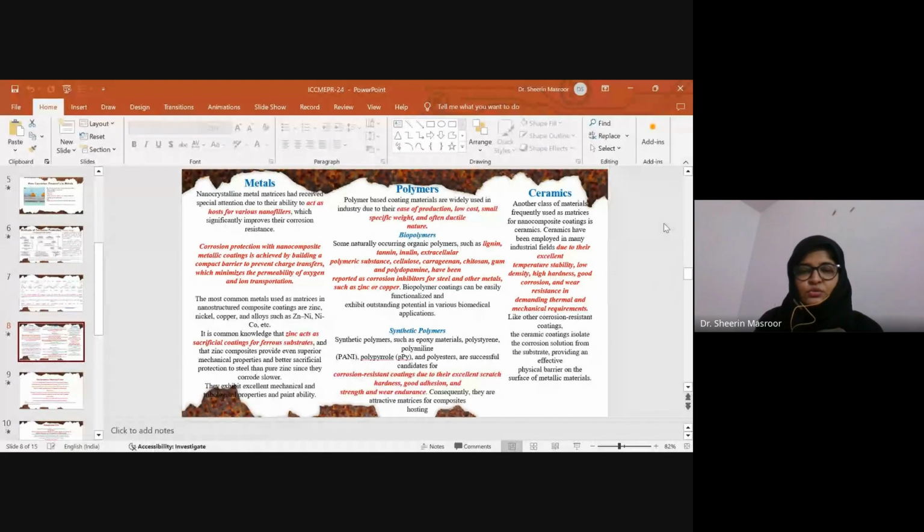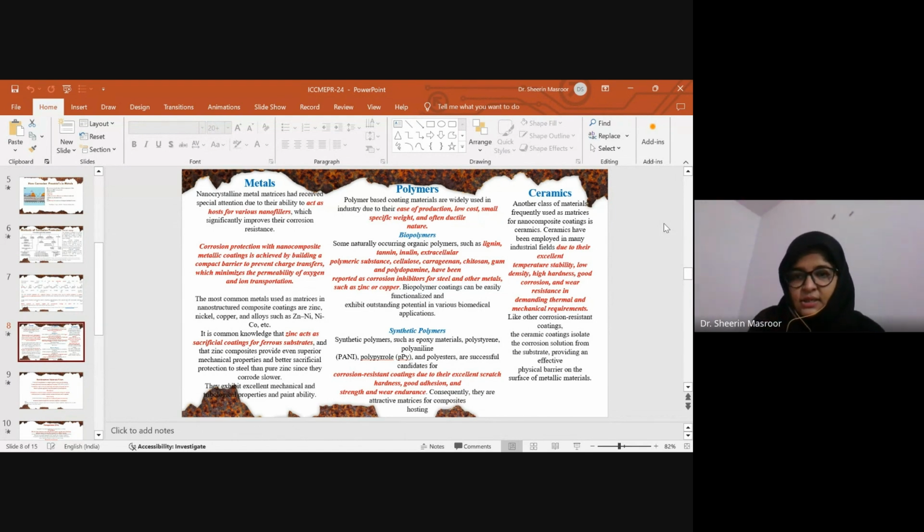When it comes to synthetic polymers, some examples are epoxy materials, polystyrene, polyaniline, and polyesters, which have been used as good corrosion resistant coatings because they have excellent scratch hardness, good adhesion strength, and wear endurance.